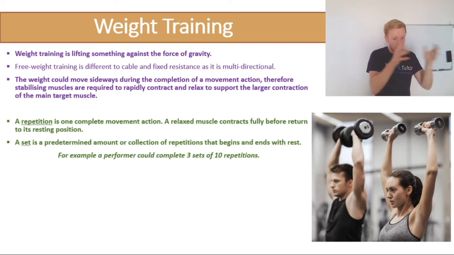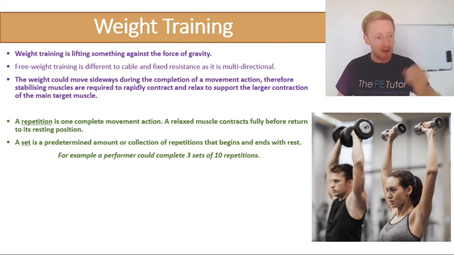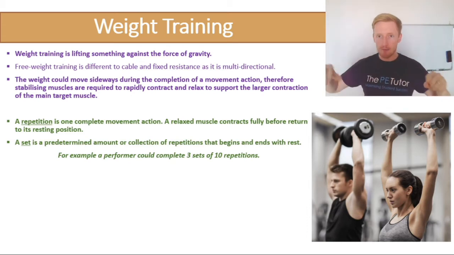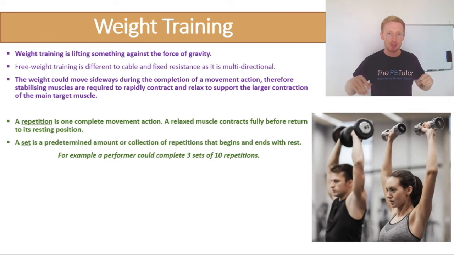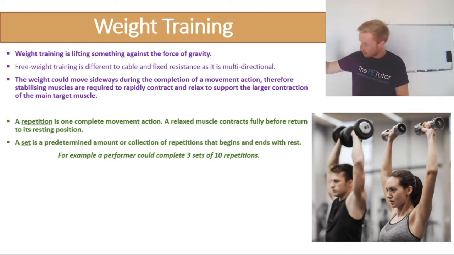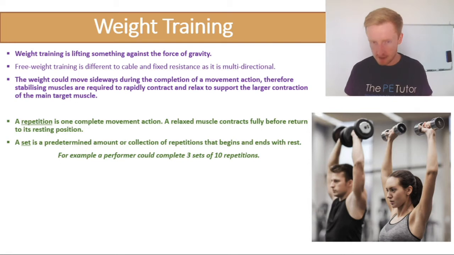So we could do 3 to 5 blocks or sets of 10 repetitions. So let's say we go maximum 5 sets of 10 reps in each, block of 10, rest, block of 10, rest, block of 10, rest, block of 10, rest, block of 10. 50 total repetitions split up into 5 separate sets.